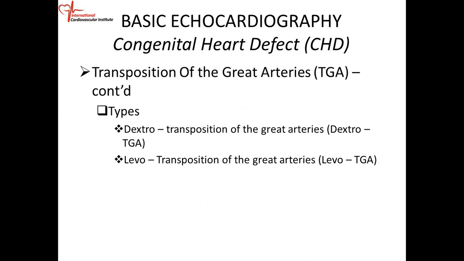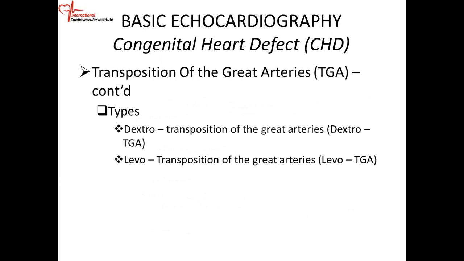That's D-transposition. With L-transposition, how I tend to look at it is, even though it's a transposition of the great arteries, for simplicity, the arteries are in their correct position, the ventricles are transposed.